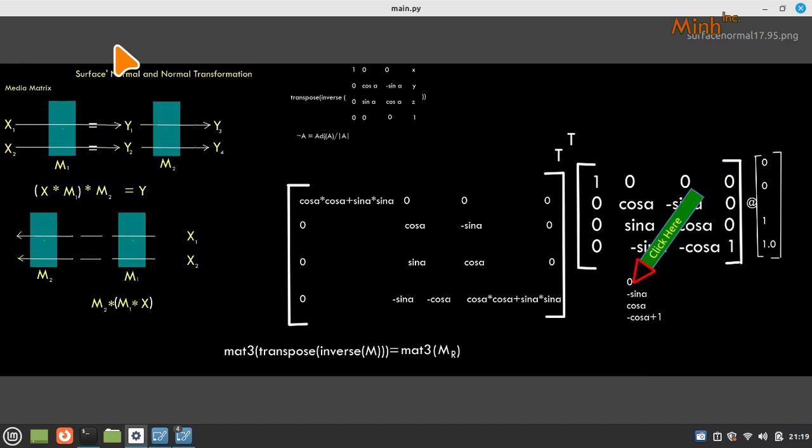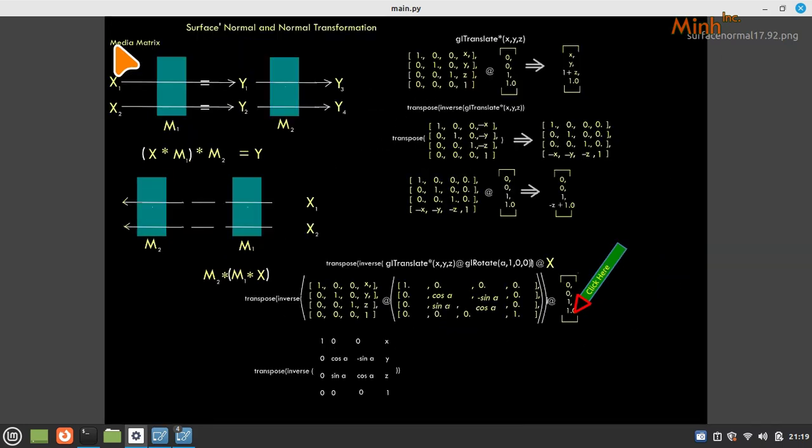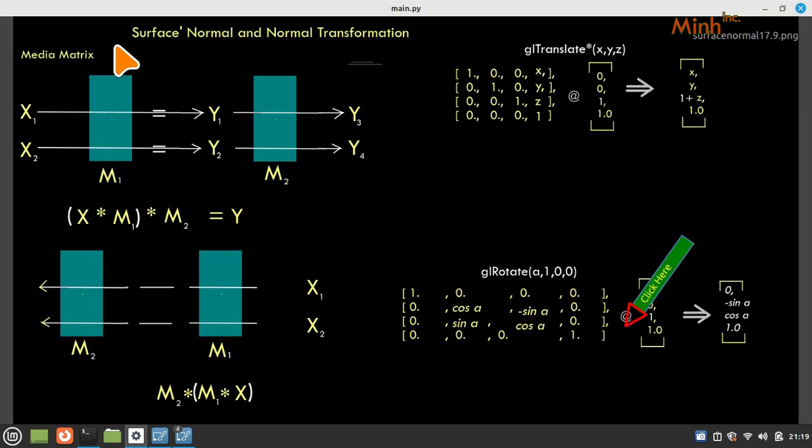Now if I take x, y, z, 0, minus sine A, cos A, W we leave it. Now can we remember something? If there is a rotation, then minus sine A cos A, this is the way it modifies.